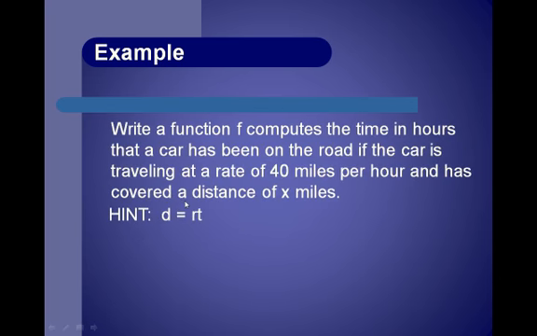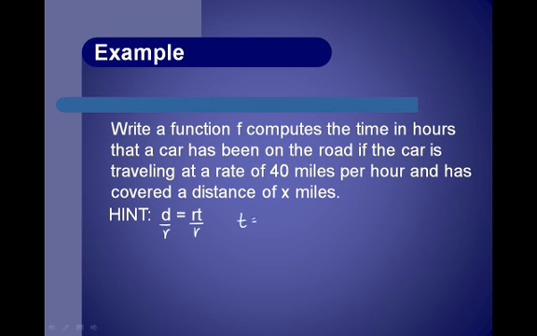Write a function f that computes the time in hours that a car has been on the road if the car is traveling at a rate of 40 miles per hour and has covered a distance of x miles. For this one, you'll probably need to remember that distance is equal to rate times time. So we are trying to write a function that computes the time. Well, if we have d equals rt and we want to get t on a side by itself, then we're going to divide both sides by r.